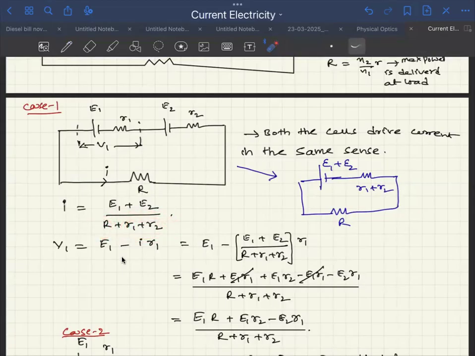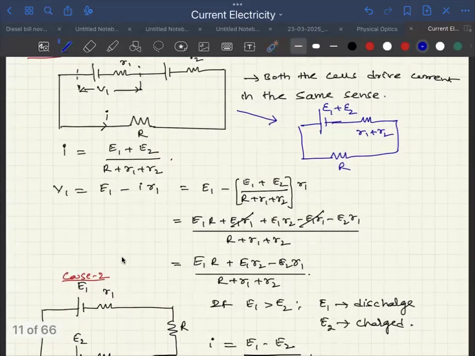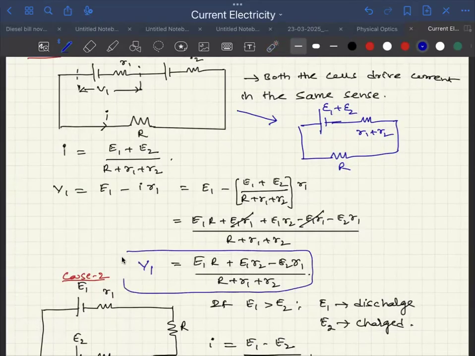Now, what is the potential drop across each cell? Each cell here is discharging. When the cell is discharging, the potential drop across the cell is E minus I small r. Therefore, the potential drop V1 is equal to E1 minus I r1. By substituting the current here, finally I will get V1 equal to this expression.